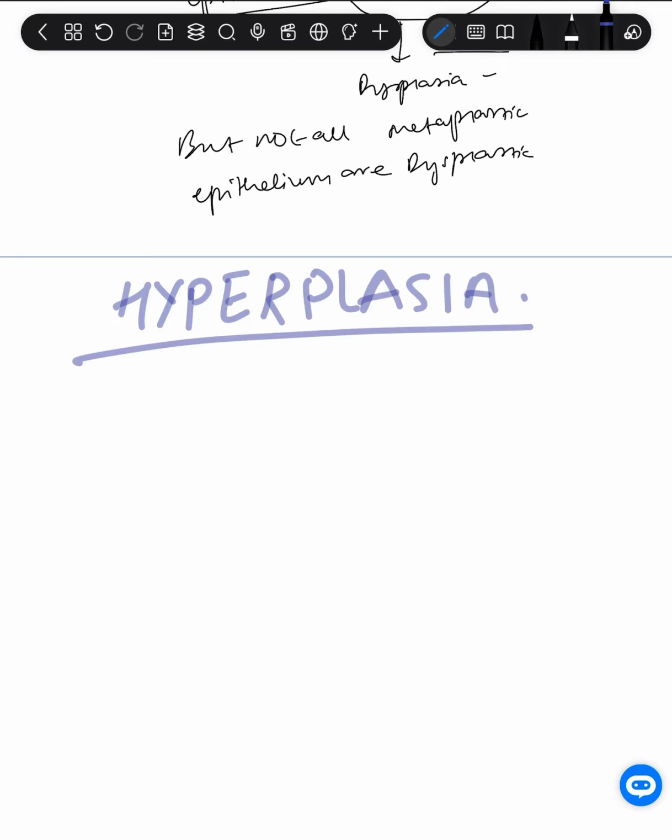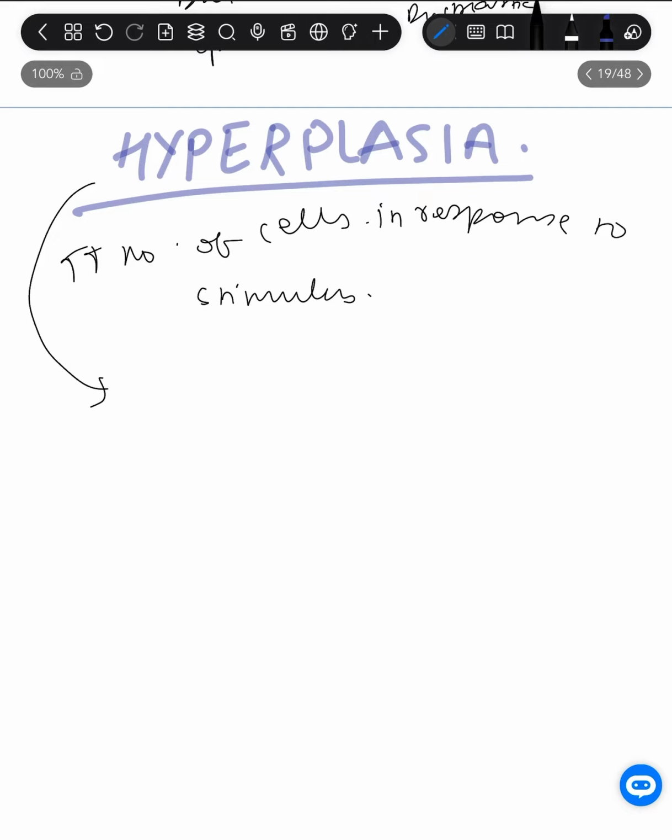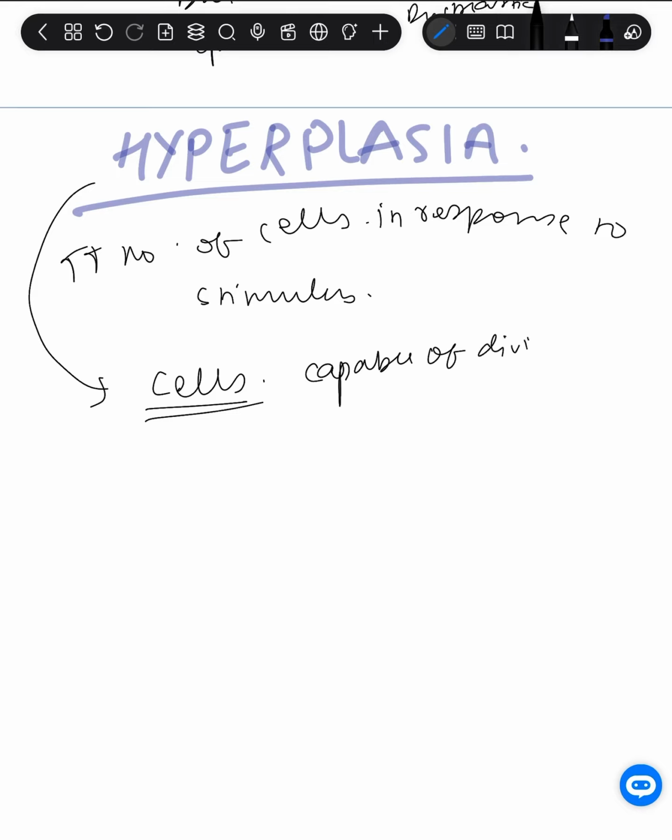Secondly, hyperplasia only occurs in those cells which are capable of dividing. Those cells, like in our heart, which can't divide, like our neurons, it will not happen there. It will only happen in places where cells can divide.